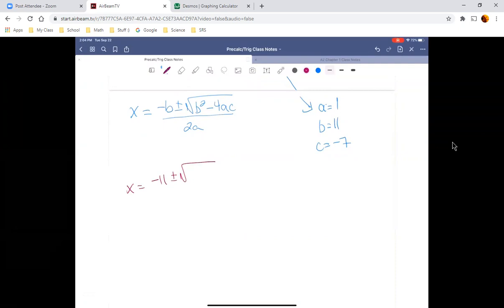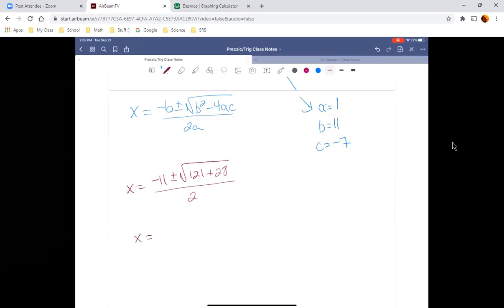What's b squared going to give us? 121 minus, no, no. So 4 times a, 4 times 1 is 4. 4 times negative 7 is negative 28. And it's a negative, so it's going to make it a positive 28, all over 2.